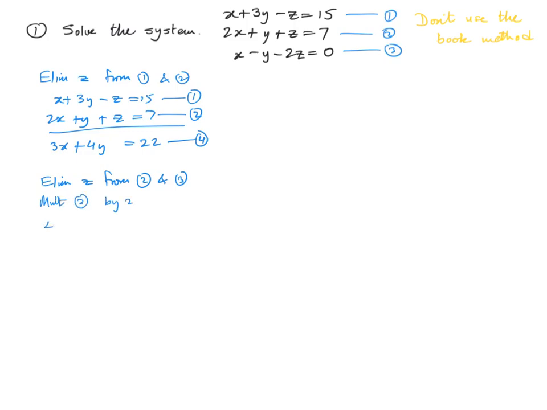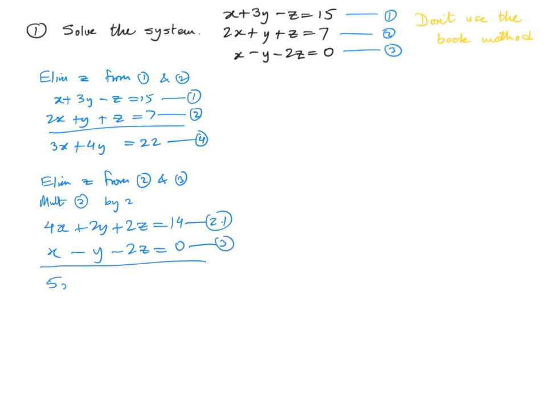So I get 4x plus 2y plus 2z equals 14. That's equation 2.1. And x minus y minus 2z equals 0. That's still equation 3. And I get 5x plus y equals 14. That's equation 5.